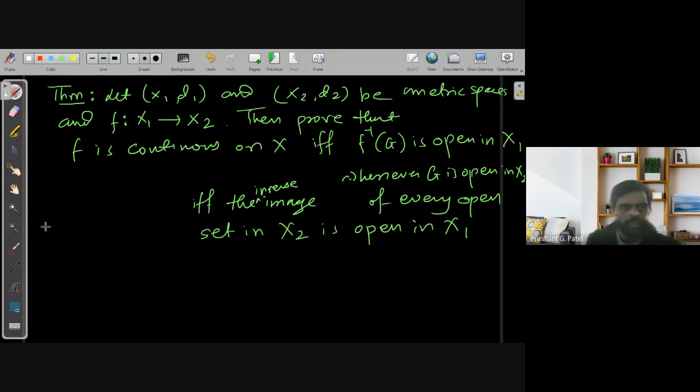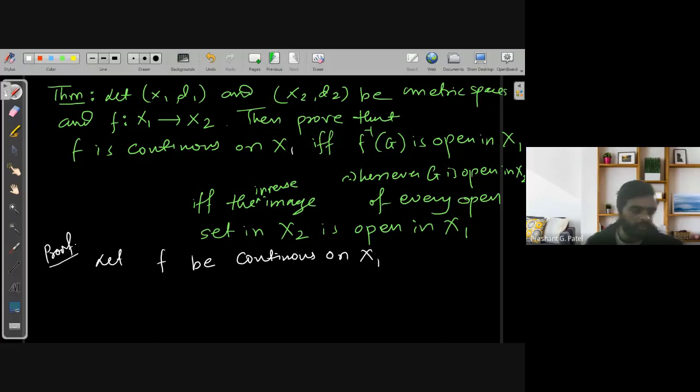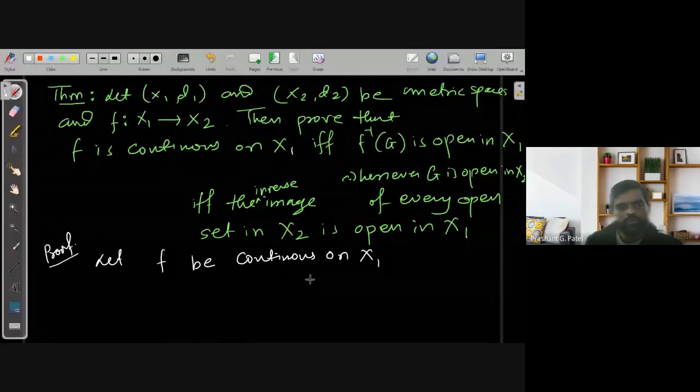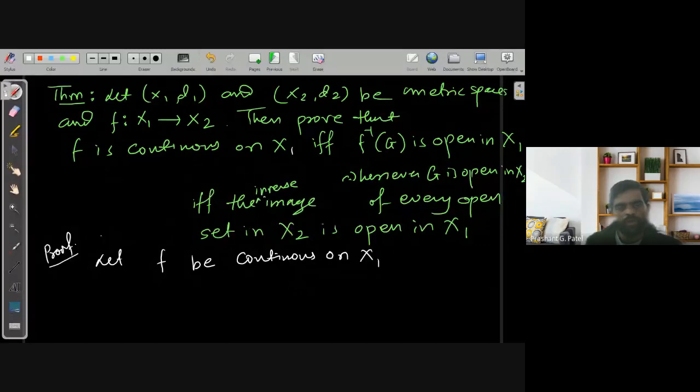Let us try to prove this statement. So let f be a continuous function on X1. That is our supposition for proving this side.